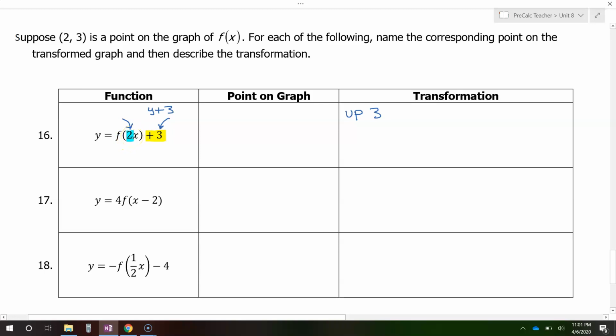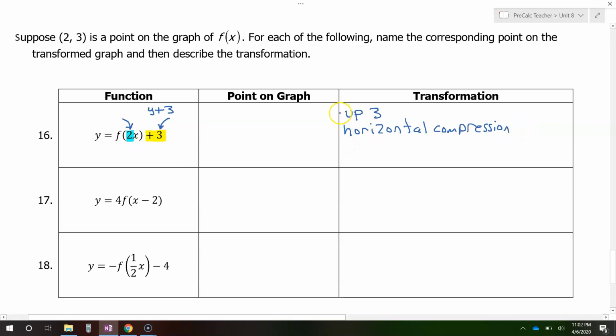It looks like it would be a stretch because 2 is bigger than 1. However, everything inside the function is the opposite of what it looks like. So because this is bigger than 1, this will actually be a horizontal compression, by a factor of 1/2.